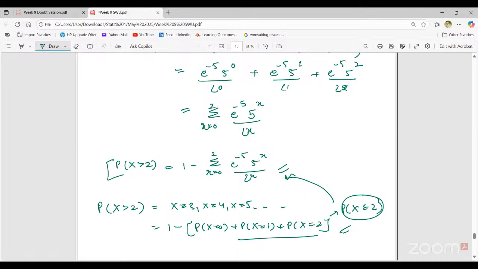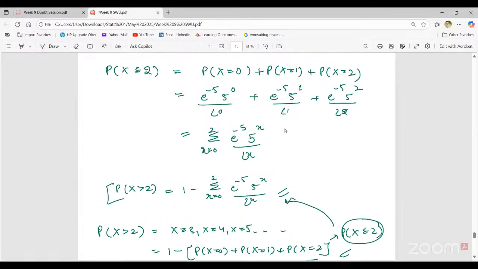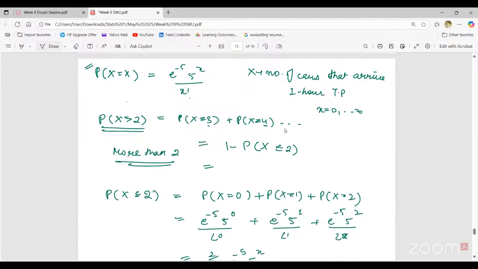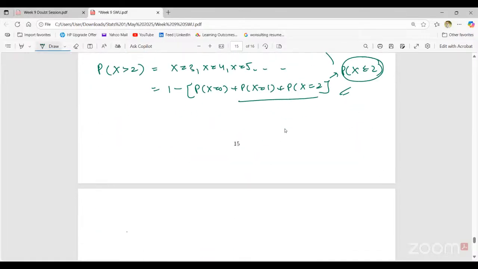Okay. Now, Gautam, what's your doubt? Can you repeat again, ma'am, please? Which one? Probability x greater than 2, equal to x equal to 3, this point. This one? Yes, ma'am. What do you mean by x greater than 2?